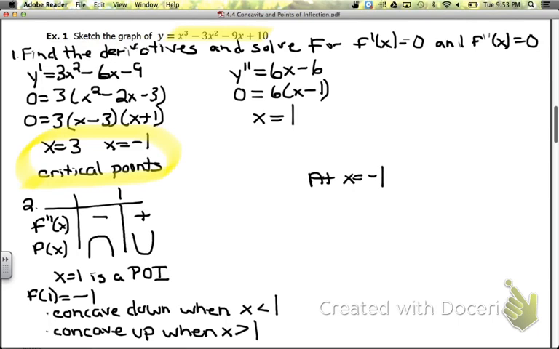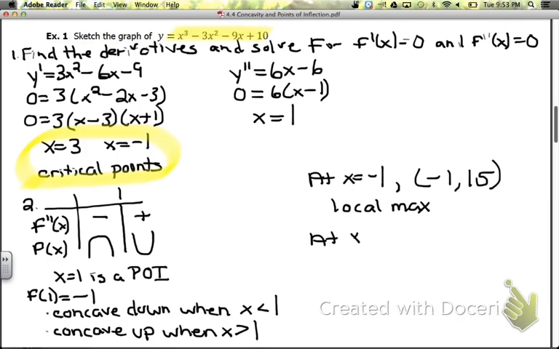Well, when x is equal to negative 1, the point that exists is going to be (-1, 15). And since I know that my function is going to be concave down on the left-hand side of 1, this will therefore give me a local max.